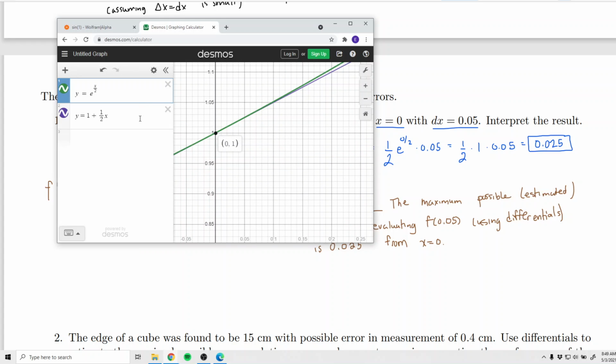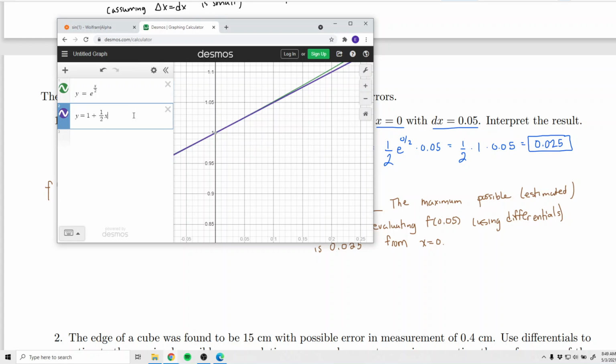Now what this is saying is our maximum error, if we were to completely avoid this equation. So I wanted to plug in on the y equation here. This one is, I'm on the green, so it's highlighted. If I wanted to figure out its actual value, if I plug in 0.05 for x here, I get 1.0251.